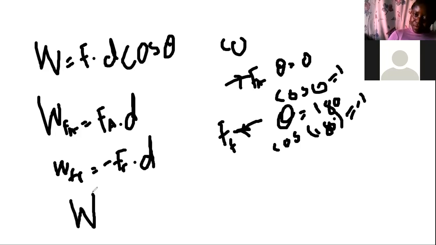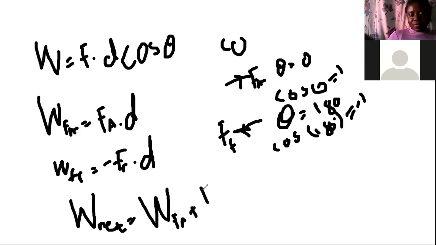Therefore, the total work done on the crate is, as I said, the sum of the work done by the applied force plus the work done by the friction force. The work done by the applied force is the force applied times the displacement.